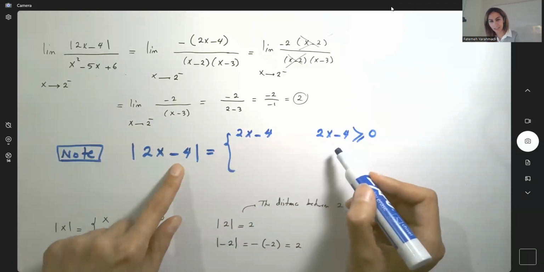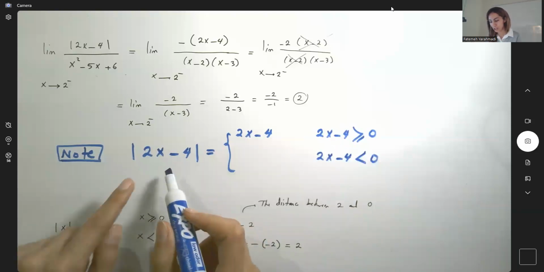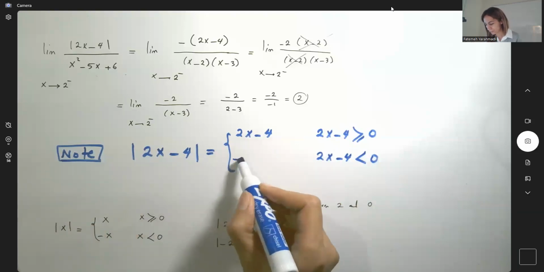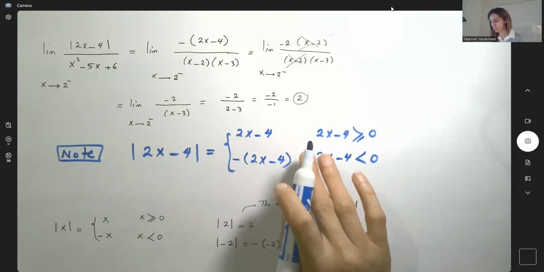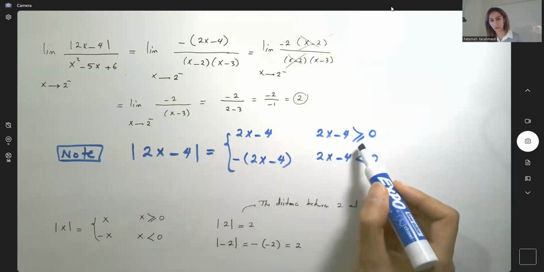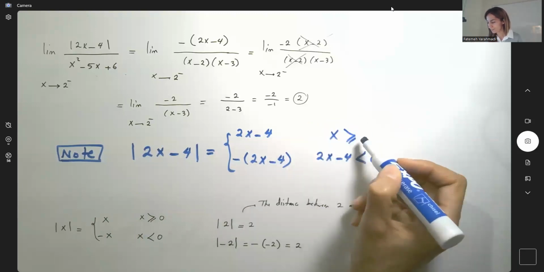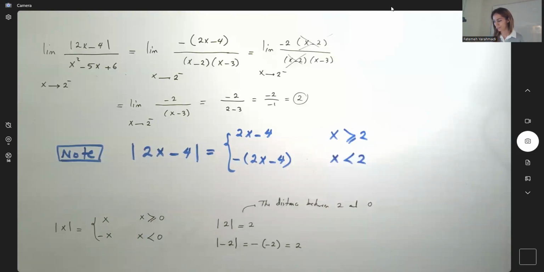But if the quantity is negative, if 2x minus 4 is less than 0, you have to put a negative sign in front of this quantity. You can simplify this. 2x is more than or equal to 4, or x is more than or equal to 2, and x is less than 2. Whenever you have absolute value, always simplify the quantity first, then take the limit.